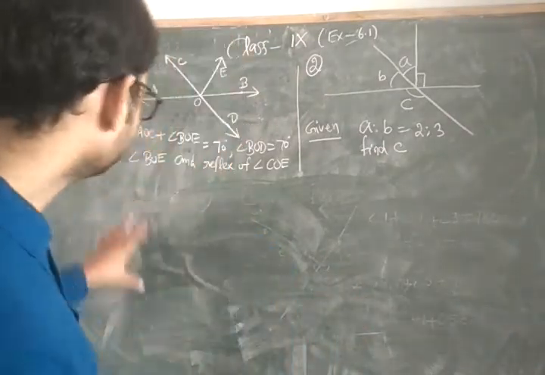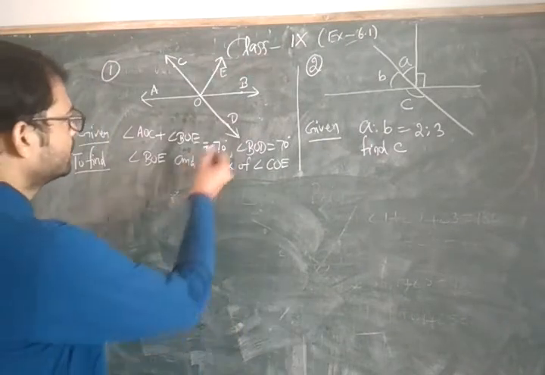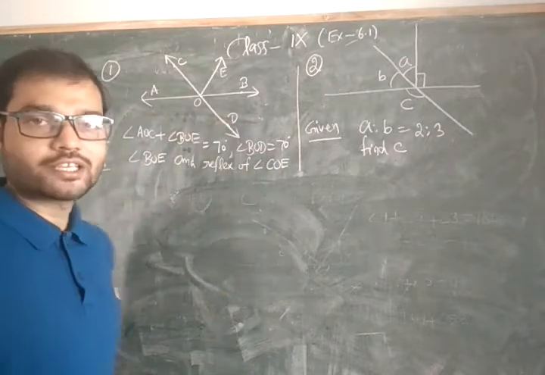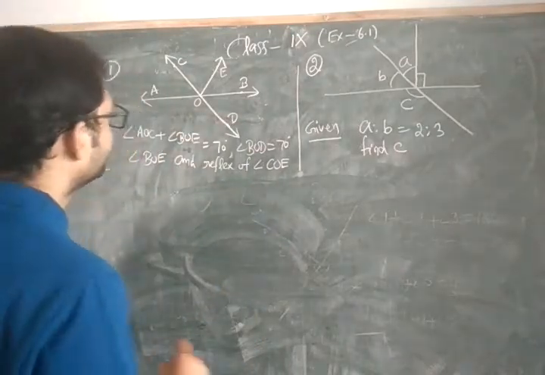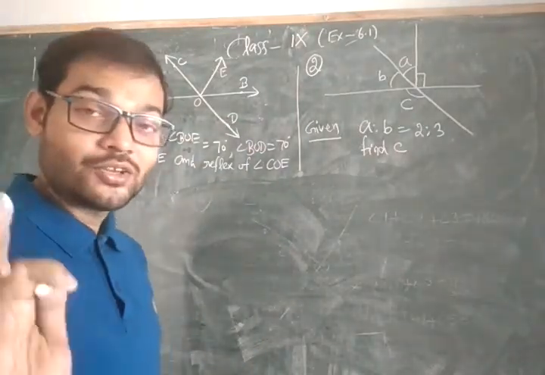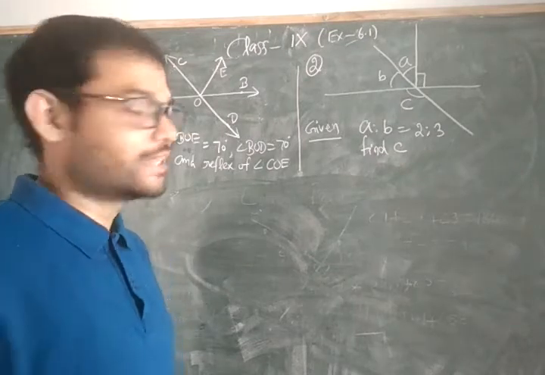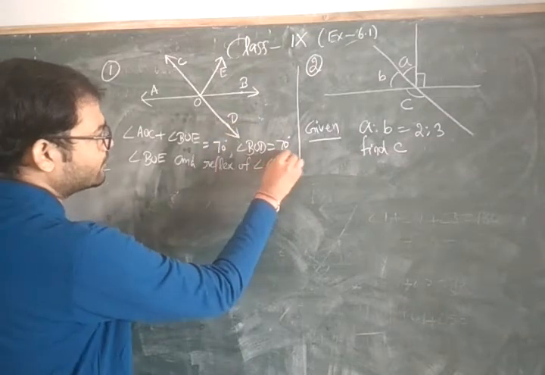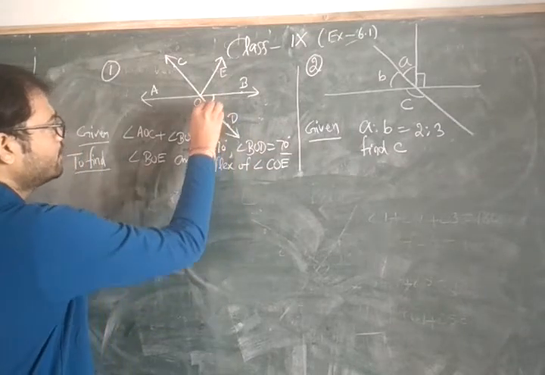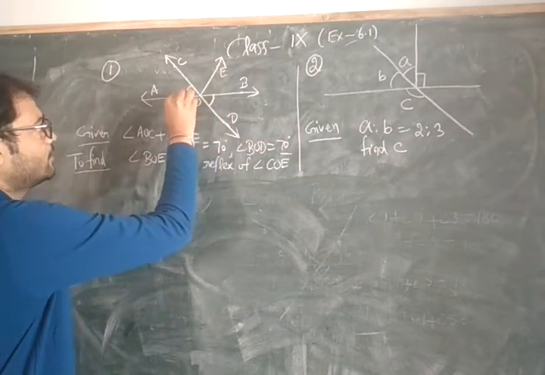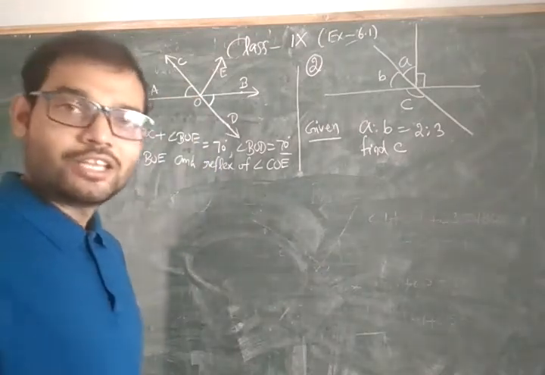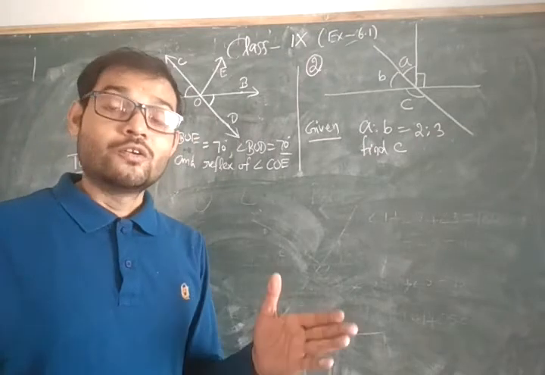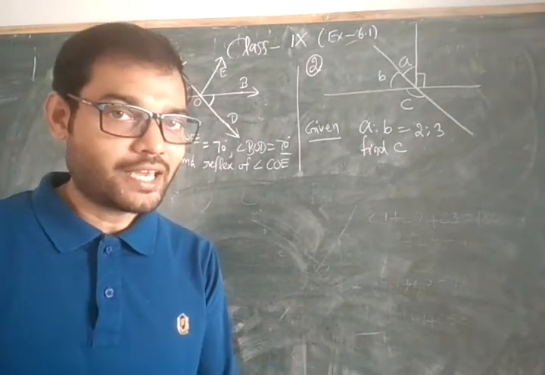So first, you see that two lines are crossed, and it means here will be vertical opposite angles. So angle BOD is given as 70. This is given. Now that we know this, we will know angle AOC, because these are vertical opposite angles.